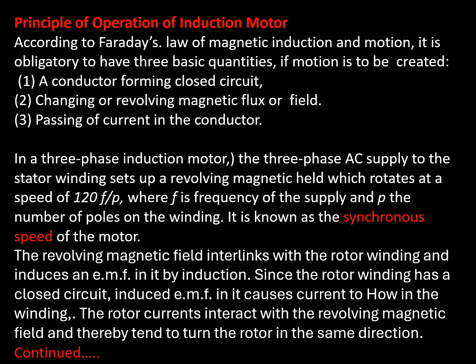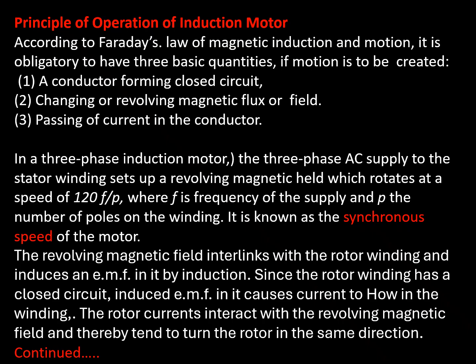Friends, the revolving magnetic field interlinks with the rotor winding and induces an EMF, that is electromotive force, in it by induction. Since the rotor winding is a closed circuit, the induced EMF causes current to flow in the winding.